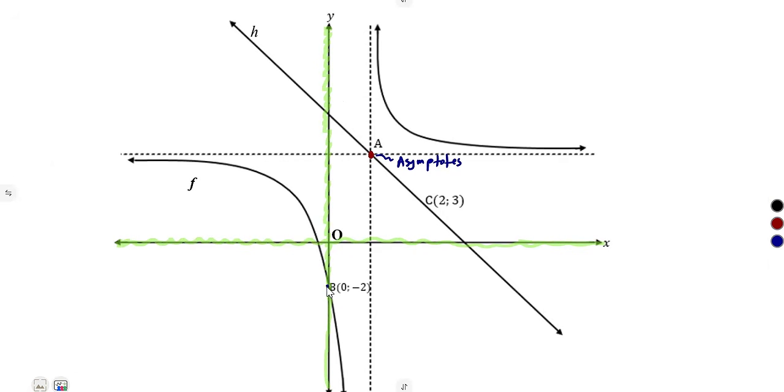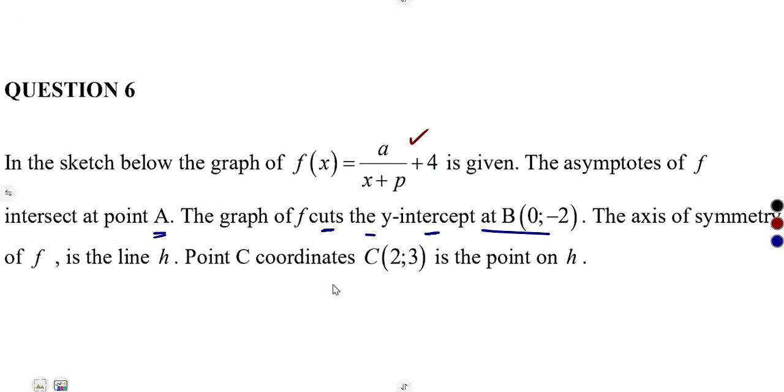So therefore, the point B becomes the y-intercept. Also the axis of symmetry of f is the line H. And the point C, which is given as (2; 3), is just a point on H. Not important. It is just found on H.